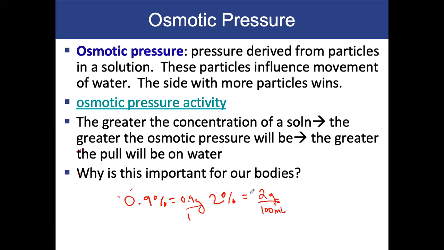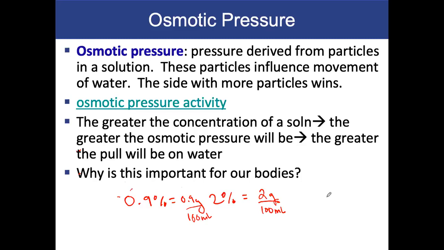To prove this to yourself, you can actually do 2% is 2 grams per 100 mL, 0.9% is 0.9 grams per 100 mL, right? And so which one has the greater unit of measurement? It's going to be this one. So the 2% has a higher osmotic pressure. The 0.9 has a lower osmotic pressure, right?